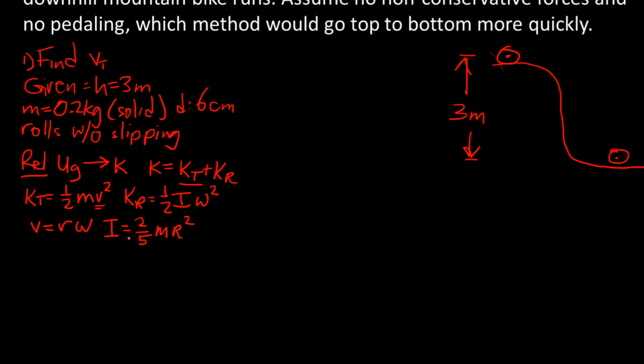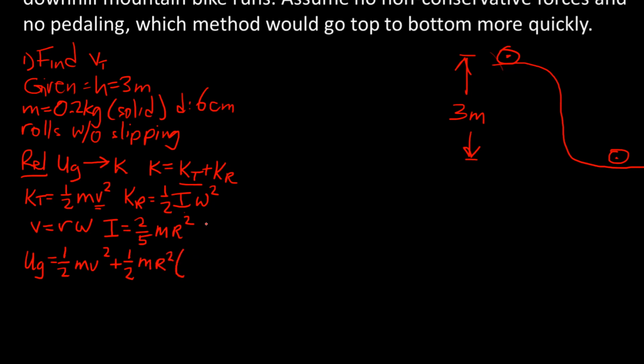Let's do some simplifying before we solve this. My gravitational potential energy becomes my kinetic energy, which becomes my translational and my rotational. So I'll say it's equal to 1/2 mv squared plus, let's start substituting in our other equations, 1/2 my moment of inertia, I could say that is mr squared.